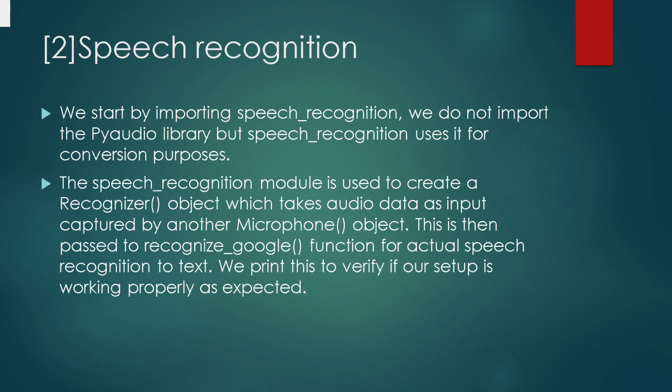Next, speech recognition. We start by importing speech recognition. We do not import the PyAudio library directly, but speech recognition uses it for conversion purposes. The only purpose we import speech recognition is so it can use the PyAudio library for conversion. The speech recognition module, Recognizer, recognize_google, and Microphone are all part of it.